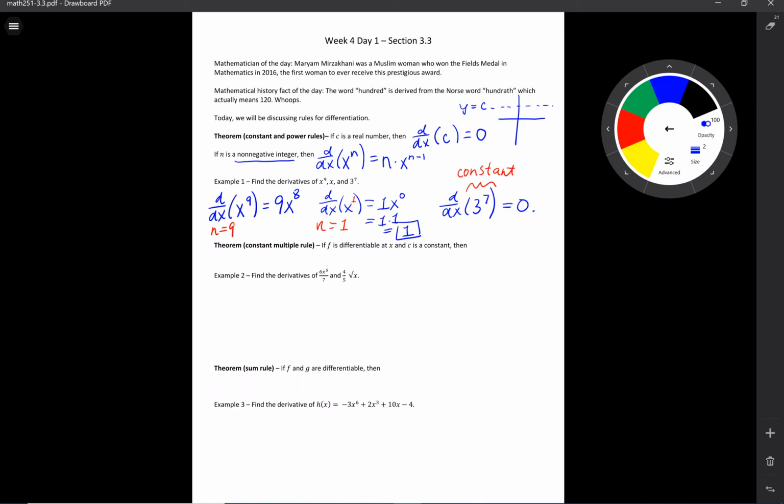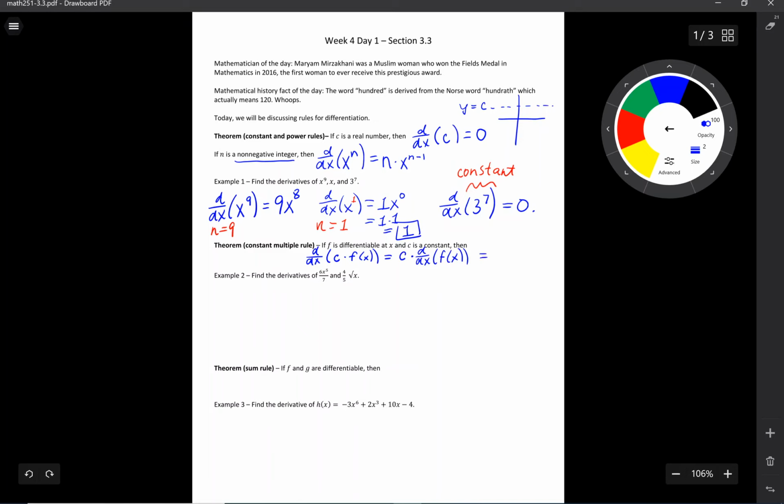All right. Next, we have another theorem that says if f is differentiable at x and c is a constant, then if I want to take the derivative of c times f of x, so something like 9, if I wanted to take the derivative of 9x to the power of 8, like we ended up with up here, I can bring this c out in front and multiply it by the derivative of f of x.